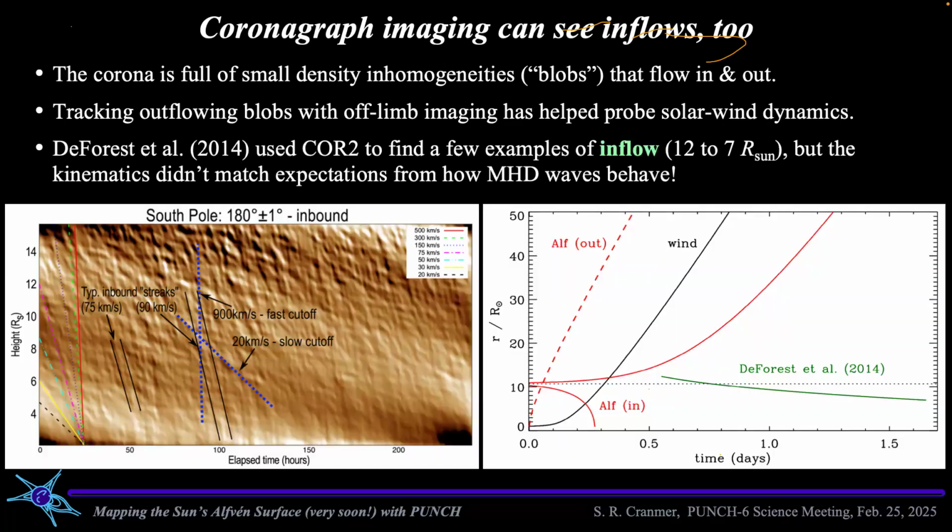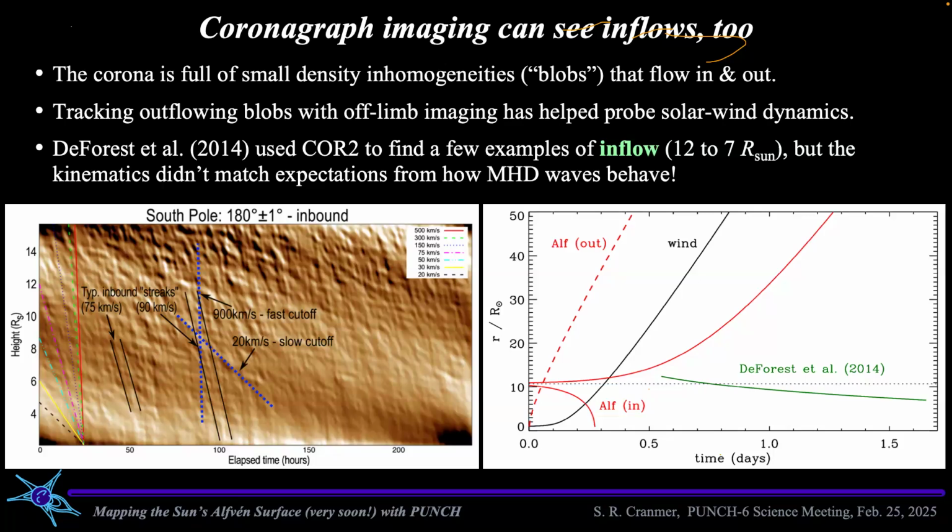The one example that we've thought about a lot is from Craig's 2014 paper. They used STEREO COR2 and found several examples of inflow up to about 12 to 15 solar radii propagating down. There's been a lot of theoretical work, scratching of heads, trying to figure out what's up with this data. The cartoon on the right shows radius versus time.